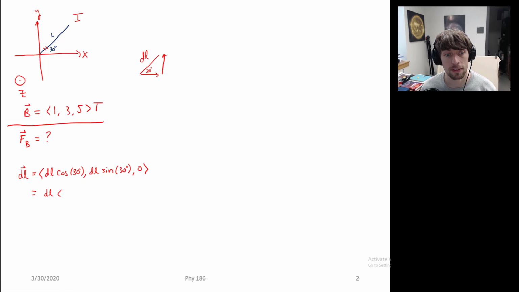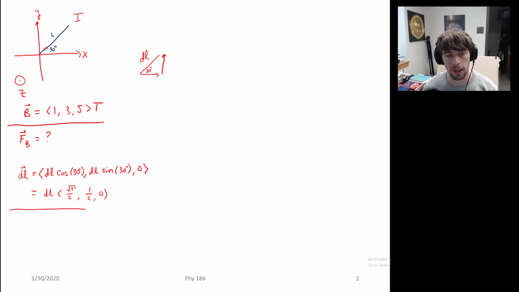Cosine of 30 degrees is root 3 over 2. So I'll just put those in. Sine is 1/2 and 0. Good. So now we're in a position.